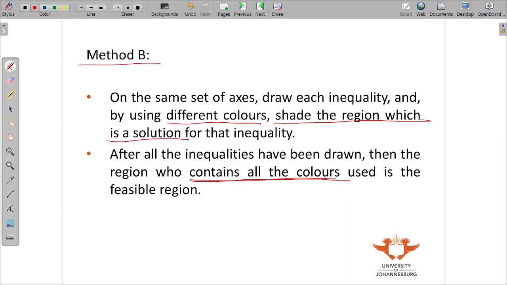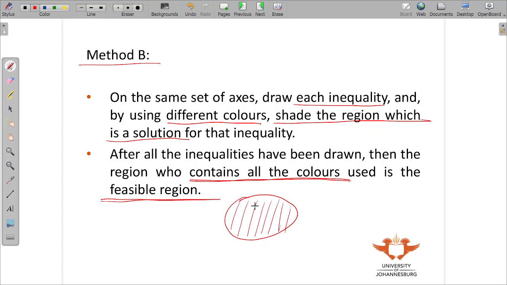The one that contains all the colors used is the feasible region. So you can use any one of these methods. Just make sure that you stick to it for each of the inequalities.